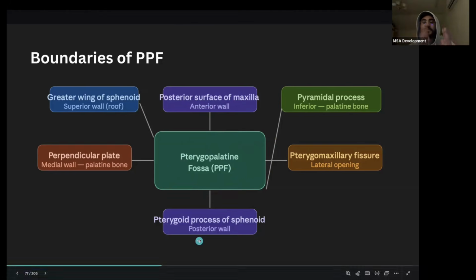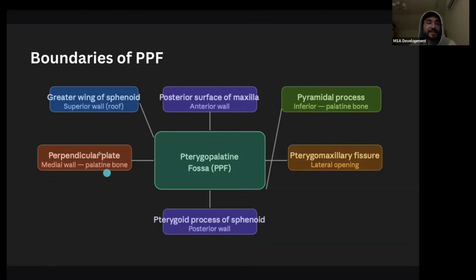Sorry, this is going to be the posterior wall, so it has its back to it. However, it's going to be sitting on a palatine bone, so that's the inferior part, and then the superior wall, or the roof of the pterygopalatine fossa, is going to be the greater wing of the sphenoid. So in front of it is going to be your maxilla, the posterior surface of the maxilla.